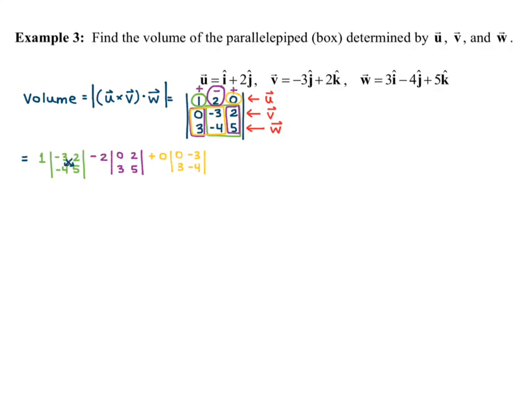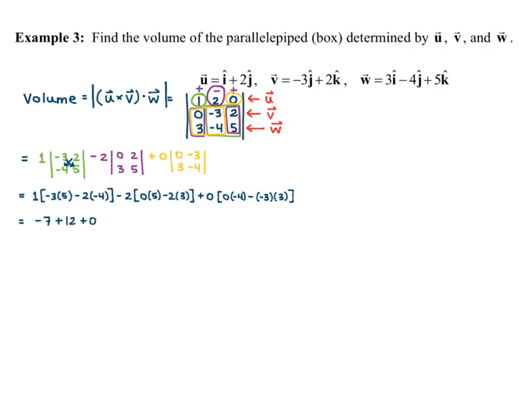Okay, now the determinant of a 2 by 2, remember, we go down the first diagonal minus the backwards diagonal. So I'll have 1 times negative 3, 5, minus 2 times negative 4, minus 2 times 0 times 5, minus 2 times 3. And then the last part will just be 0. So you can leave that off if you end up with this situation in one of your homework problems.